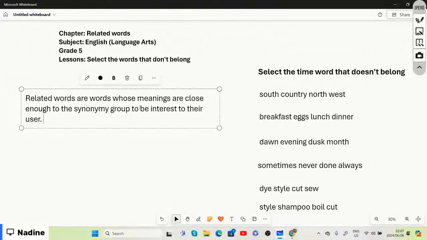And what does that mean? It means that they are not synonyms, but they are words that are related to one another.